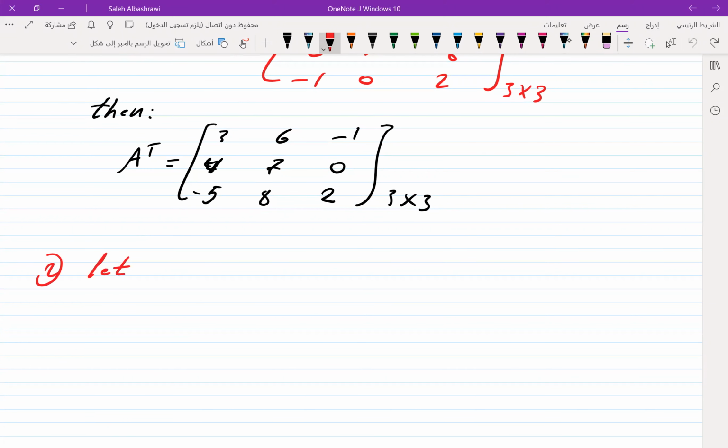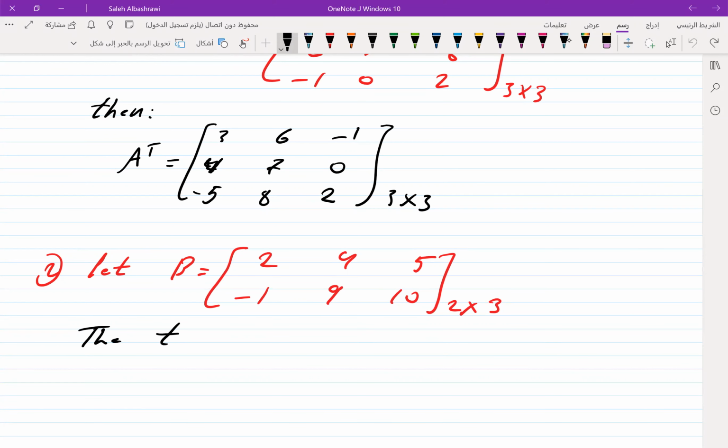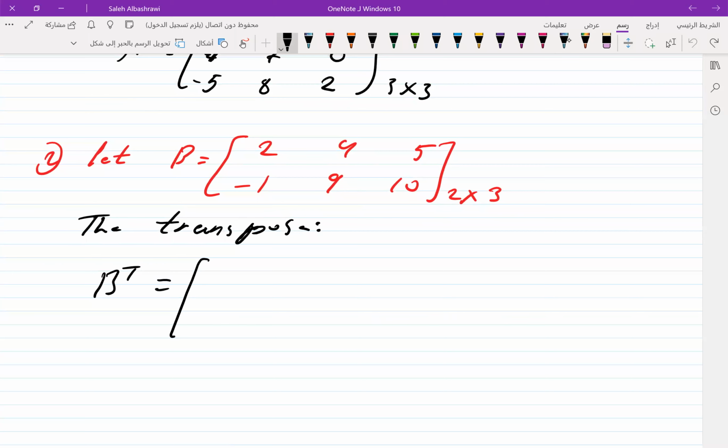One more. Let B equal to 2, 4, 4, 5, minus 1, 9, and say 10. This is of size 2 by 3. The transpose of B is equal to, it will be 3 by 2.